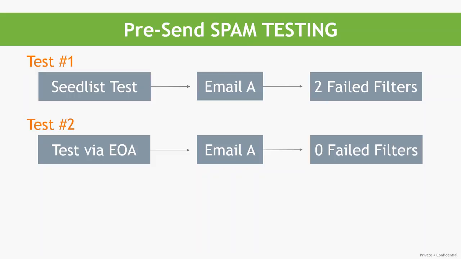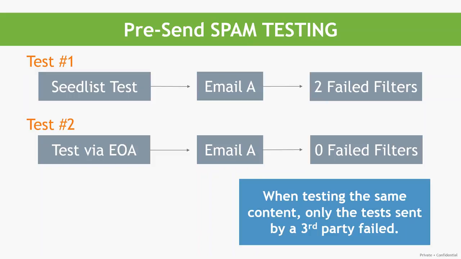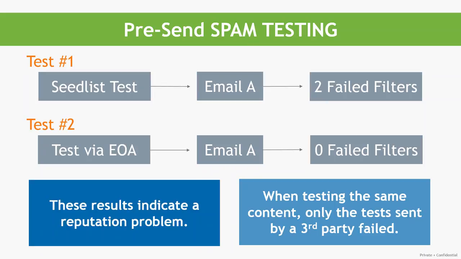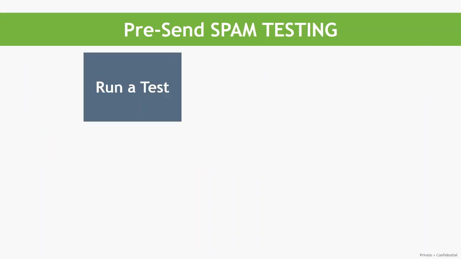This indicates that there is a reputation issue with your ESP, because with the exact same content, only the third party failed. Now, if on the other hand, you found that you failed the exact same number of filters, that would indicate a content problem, because it doesn't matter the reputation of the servers, the content caused you to fail.